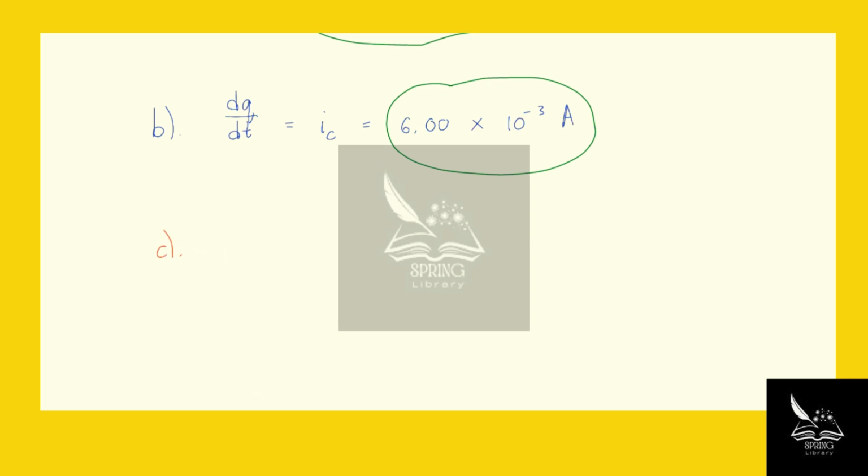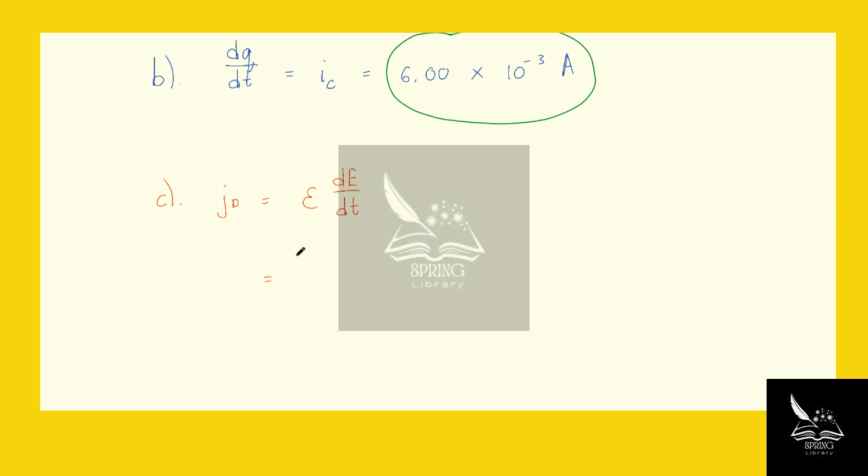Now, lastly, we want to calculate the displacement current in the dielectric. The displacement current is JD, and JD we know is the dielectric constant epsilon times the rate at which the electric field strength is changing, dE dt.